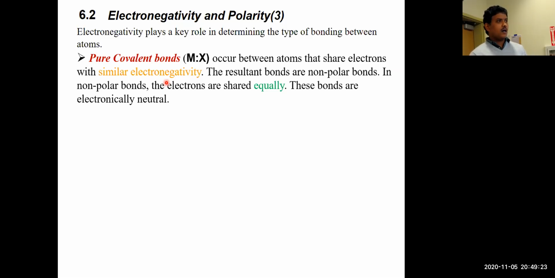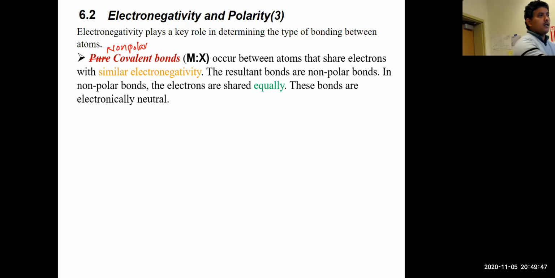Two names. I just want you to start using that word. Instead of saying pure, nothing is wrong, but if you use this word, you will feel more comfortable when I use it more in future. So, pure or non-polar covalent bond.